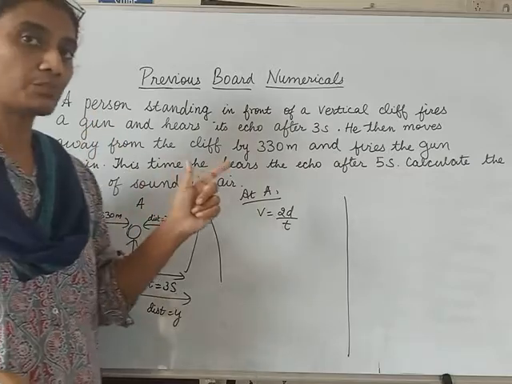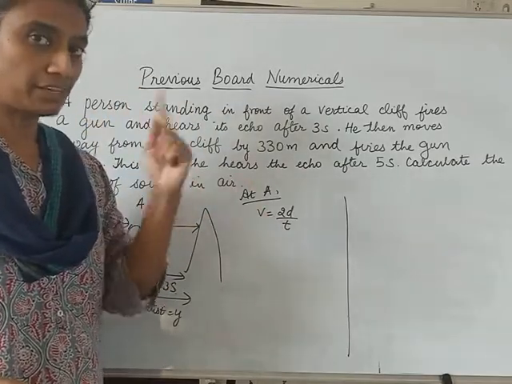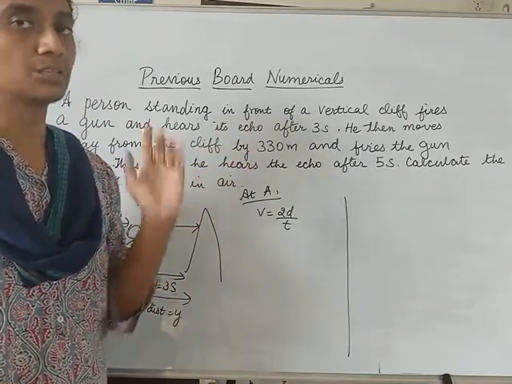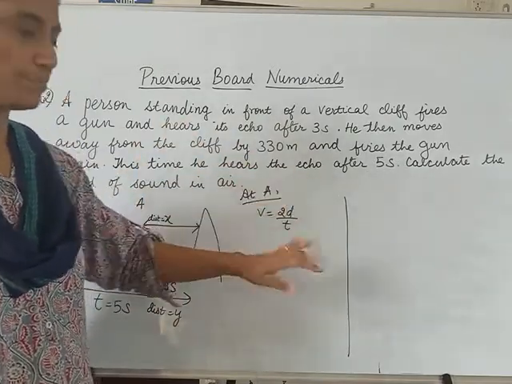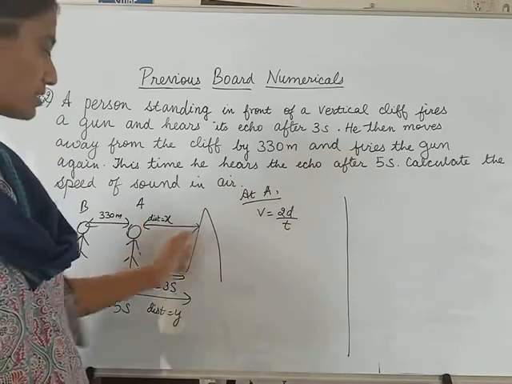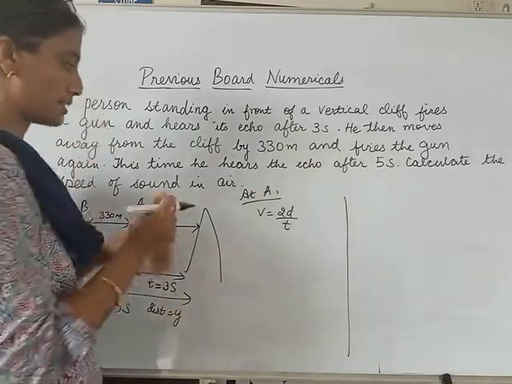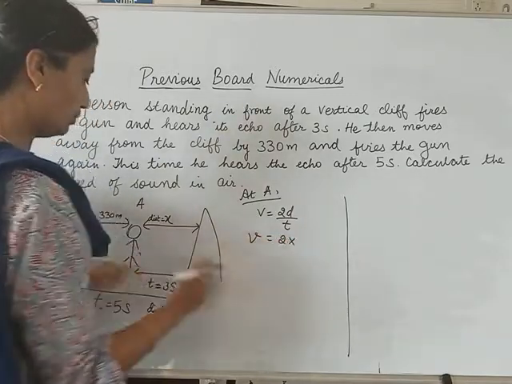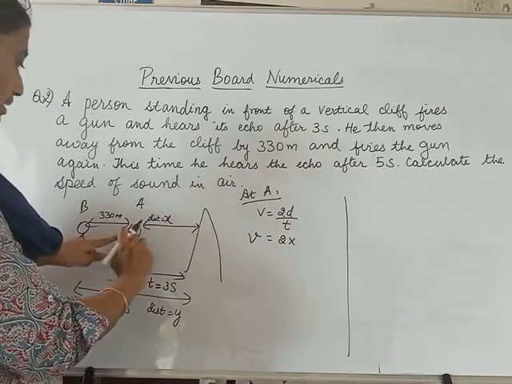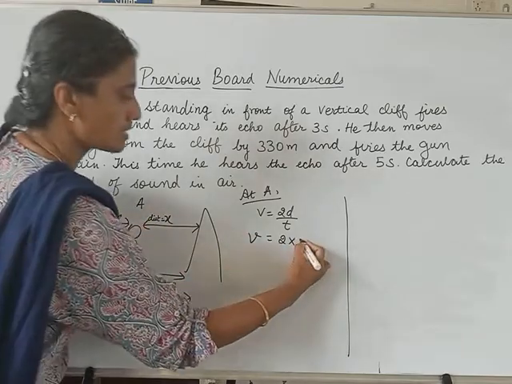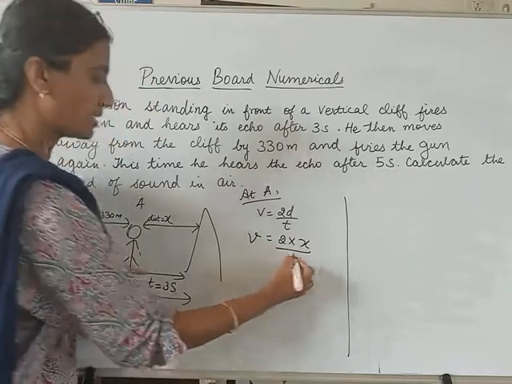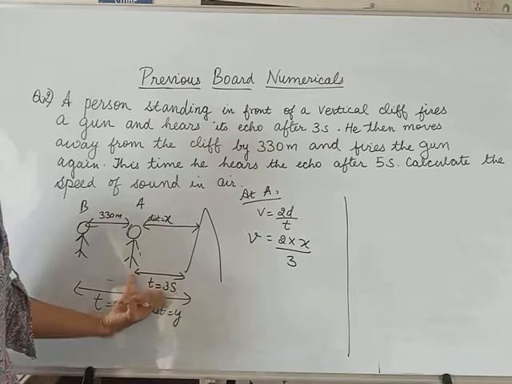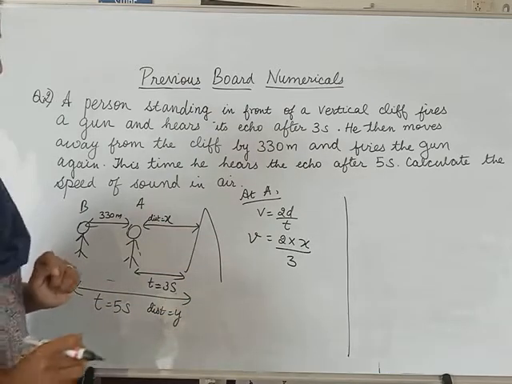In the previous one, the gun was fired by somebody and heard by somebody else, so you were not supposed to take 2D by T, you just took distance upon time. Here, if the same person hears, then the sound has to travel twice the distance. So V is equal to 2 into the distance at position A, which we have taken as x, upon 3 seconds. When the distance is x, he heard the echo after 3 seconds. So this is the first one.